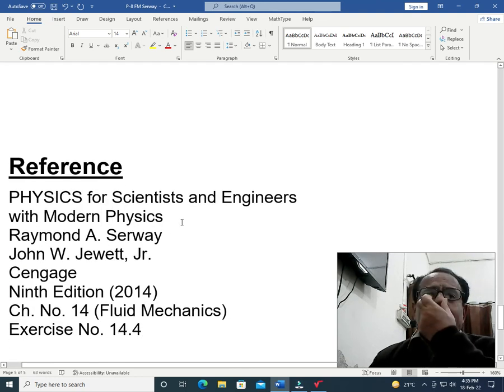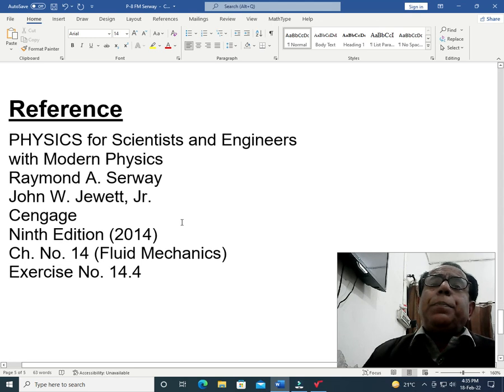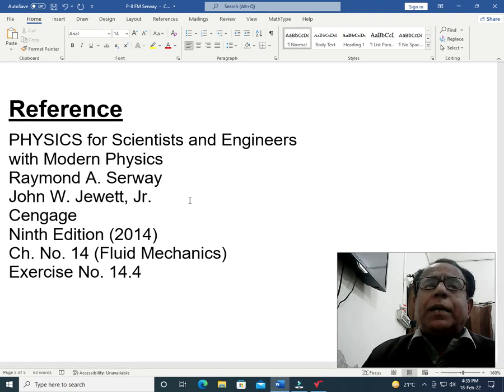However, now we come towards the reference book from where this problem has been chosen. The reference book is Physics for Scientists and Engineers with Modern Physics. Authors are Raymond A. Serway and John W. Jewett Jr. Its publisher is Cengage, and its 9th edition, 2014, has been followed.